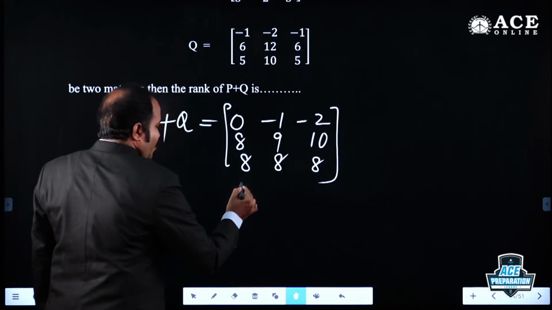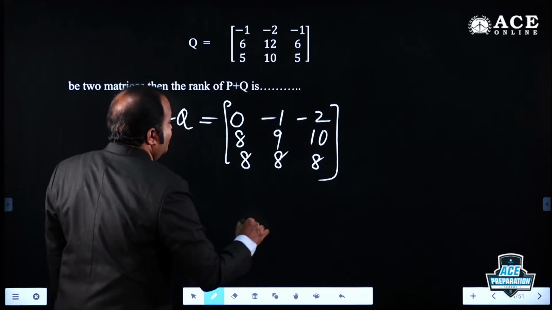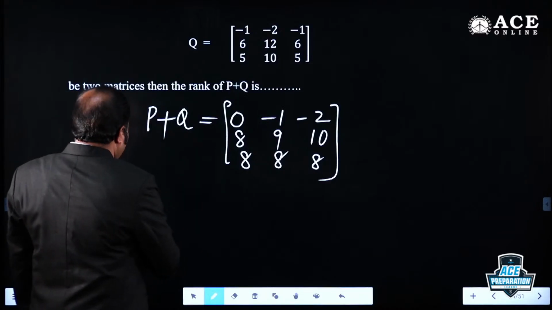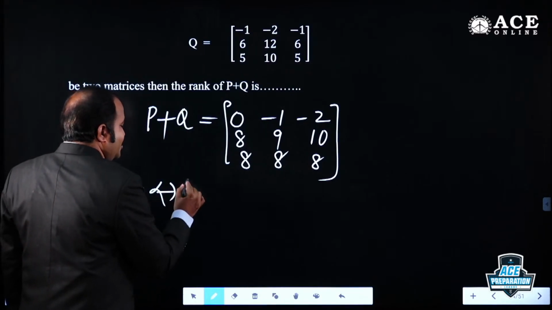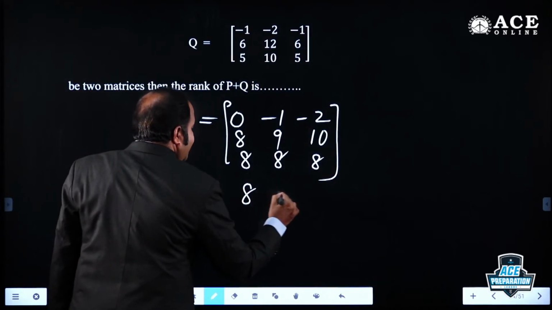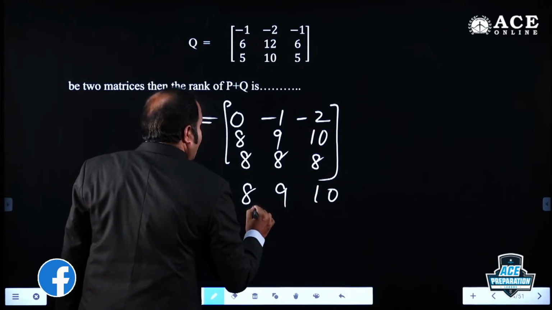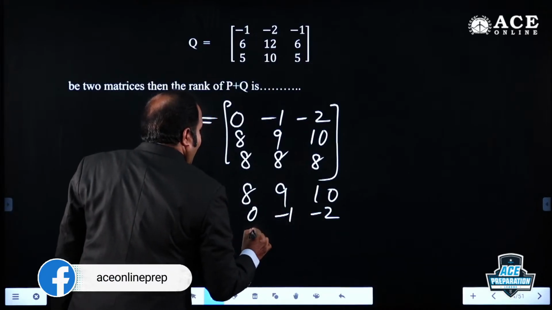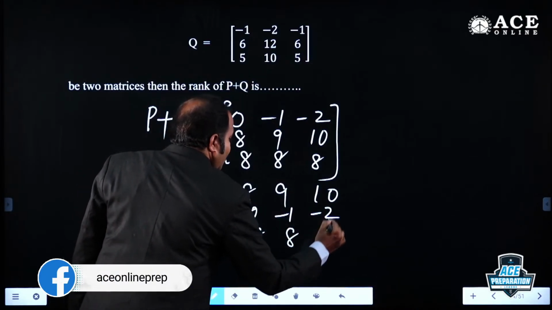So this is not in the echelon form, right? So I am going to apply operations. We can first interchange R1 and R2. By interchanging R1 and R2, we get 8, 9, 10, then 0, minus 1, minus 2, and next 8, 8, 8 only.